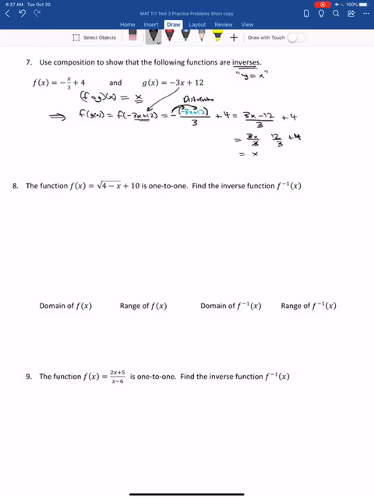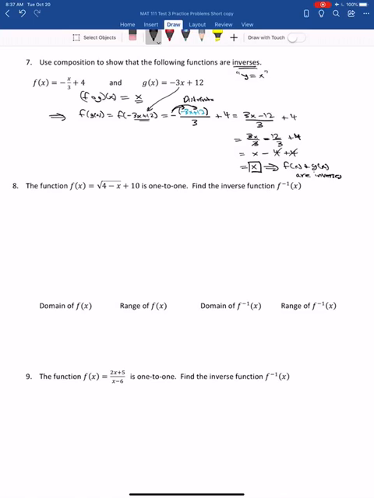As we distribute, that became a minus. And minus 12 over 3 is minus 4 plus 4. And we know that minus 4 plus 4, that's 0. So we get x back. So that implies f of x and g of x are inverses. Right? So that's our test line, y equals x.